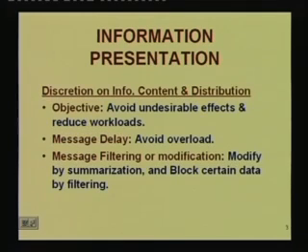After that, we have also seen discretion of information content and distribution, with the objectives to avoid undesirable effects and reduce workloads. Then message delay and message filtering or modification, that is, avoid overload, sometimes use message delay, modify by summarization, and block certain data by filtering.